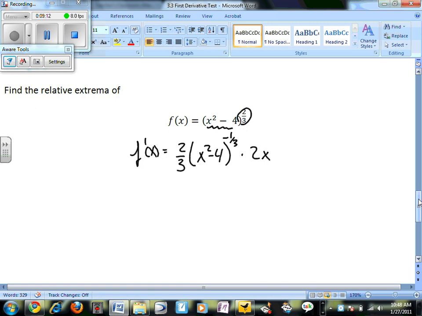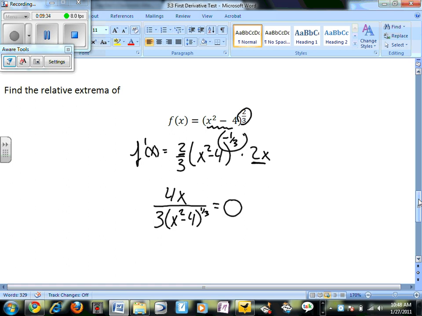To simplify this, and then we'll set it equal to 0, on my top I'm going to have a 2 and a 2x, so I'm going to have 4x on the top. And on the bottom, this negative exponent means I'm going to bring it down to the bottom. On the bottom, I'm going to have 3 times x squared minus 4 to the 1/3 power, which means the cube root. Okay, and we're going to set it equal to 0.